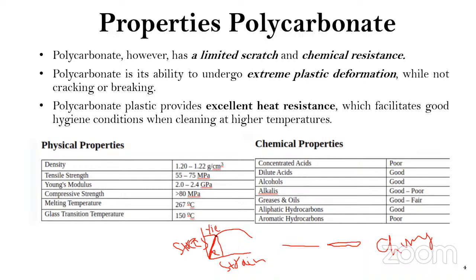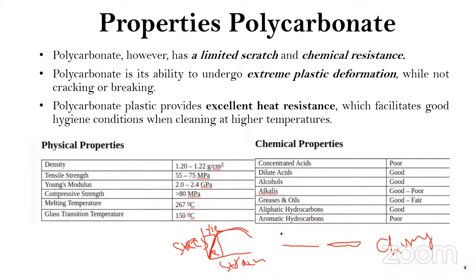After this yield strain, you find that the material starts plastic deformation. What do you mean by plastic deformation? It means when you apply the force, it will stretch, but when you release the force, the material will not come back to its original position.